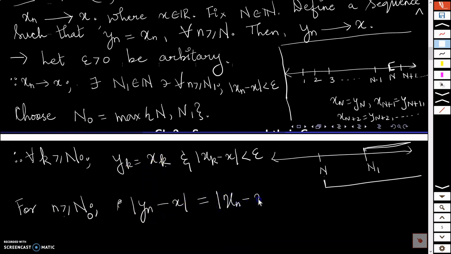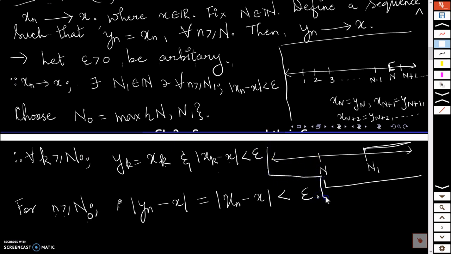So this is the same as xn minus x. And from the second condition here, whenever I take a natural number k which is bigger than or equal to this n naught, xk minus x is less than epsilon. And I already have a natural number n which is bigger than or equal to n naught. That means xn minus x is less than epsilon.